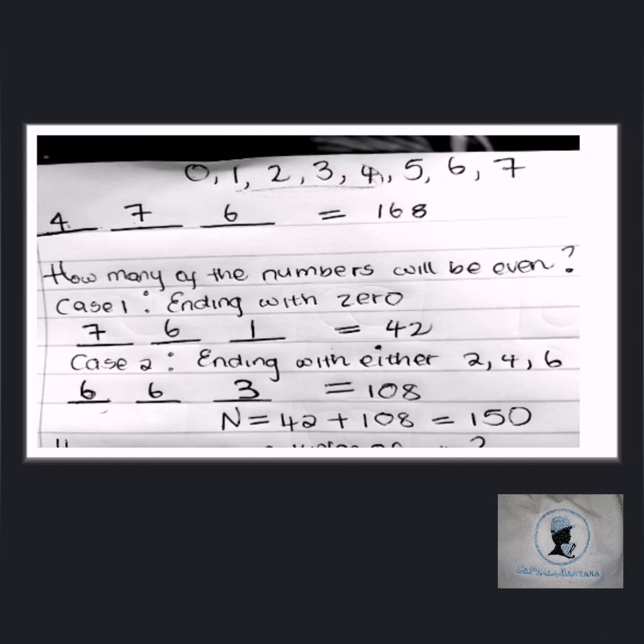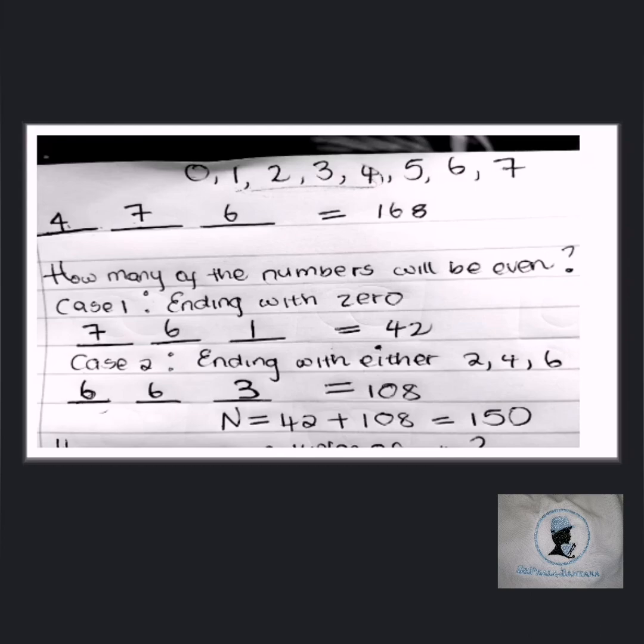And case number 2 is even numbers that end with 2, 4, or 6. So we know that they are ending with either 2 or 4 or 6. That's why in the last position we have 3, because you can choose 2 or 4 or 6.